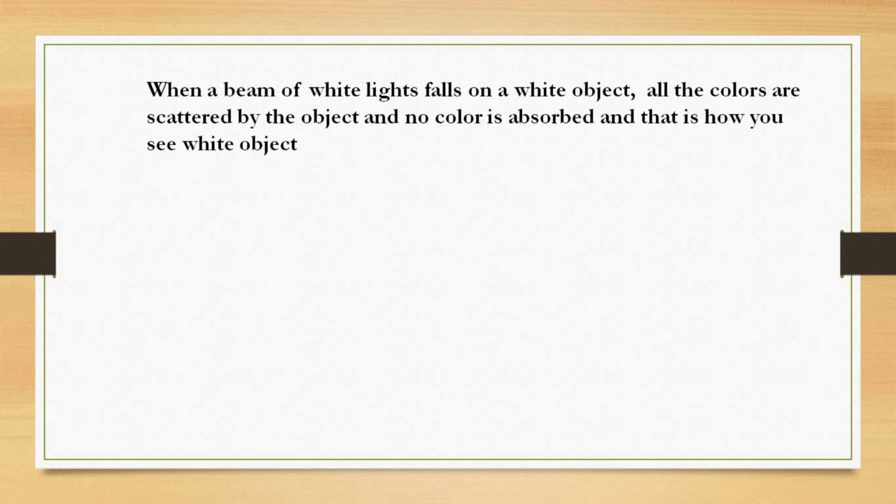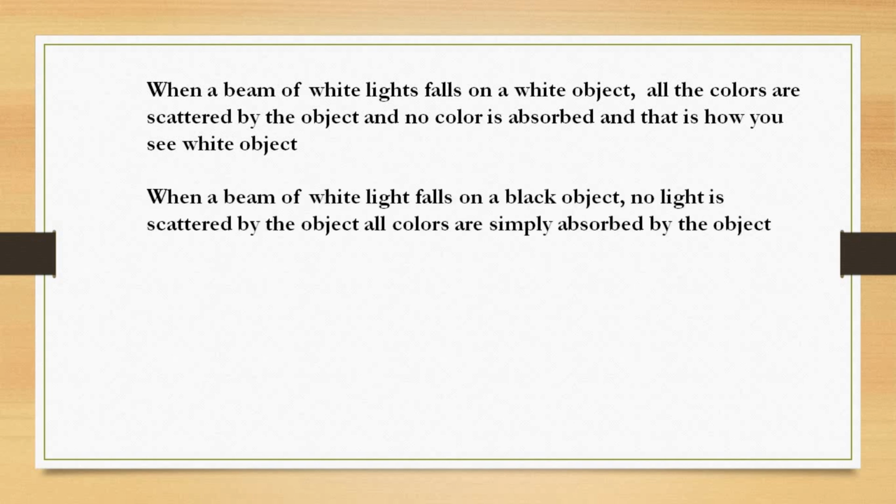Next, when a beam of white light falls on a white object, all the colors are scattered by the object and no color is absorbed, and that is how you see a white object. When a beam of white light falls on a black object, no light is scattered by the object. That is, all colors are simply absorbed by the object.